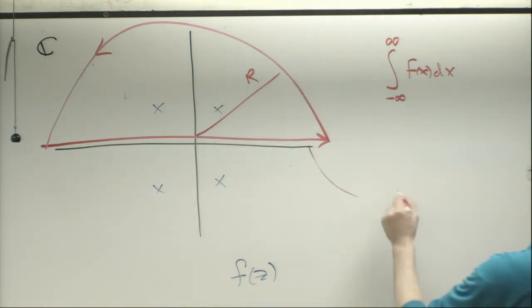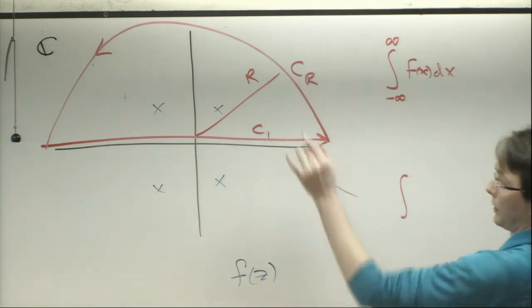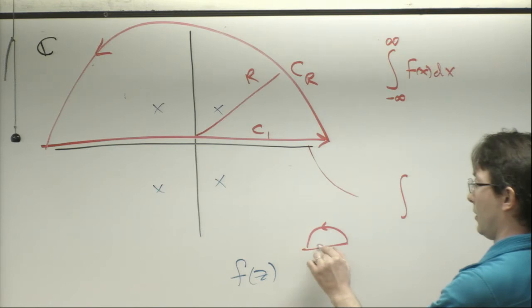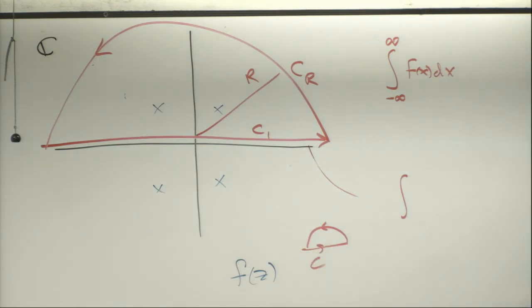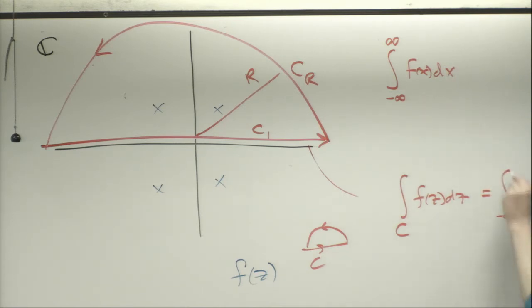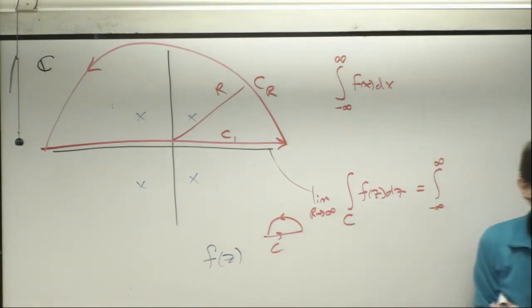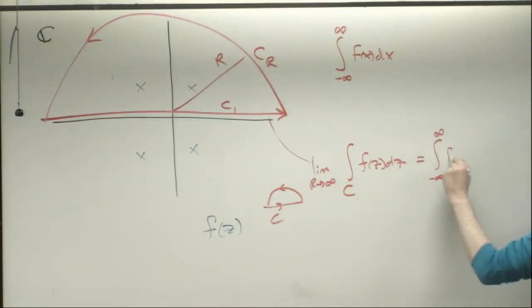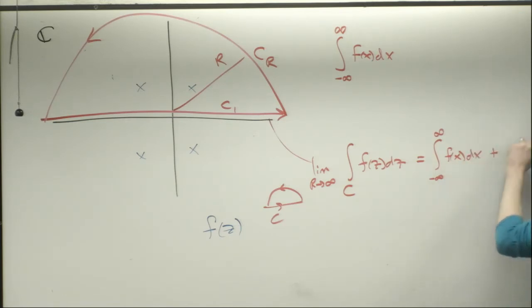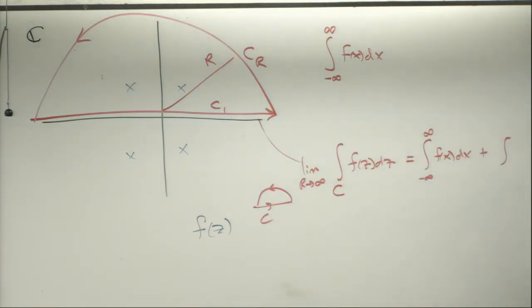So this is C1, this is CR, and the whole contour is C. So the integral around this entire contour of f of z dz is equal to, I have to take the limit as r goes to infinity, the thing I want, plus this big, huge integral around this very large radius contour CR.